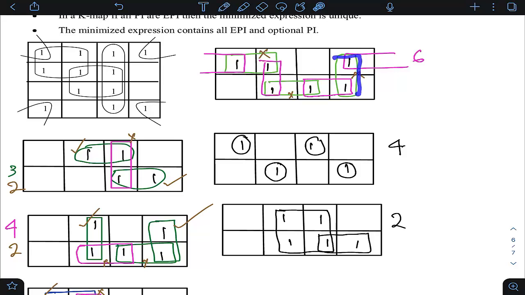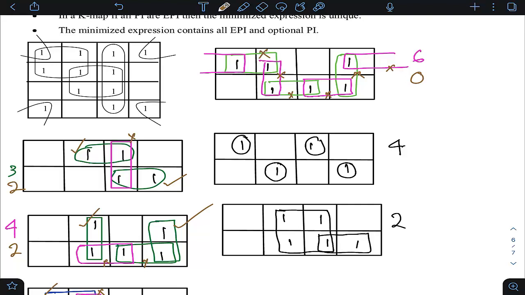Both of the min terms in this group are covered by multiple groups. And the same is the story with this one also, because again these two are covered by multiple groups, and this is also not EPI. And even this side one, so this one, so this one are covered by multiple groups. So this is also not an EPI. So the number of EPI in this case is 0. So there are 6 PI and we have checked each PI. So none of them is satisfying this criteria.